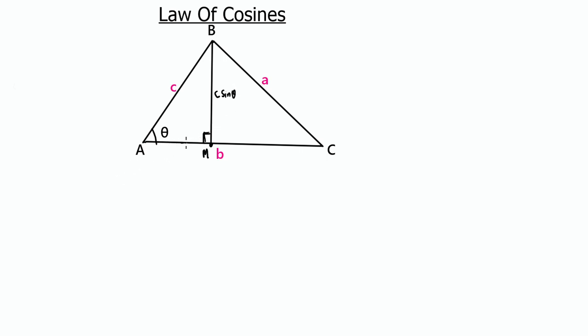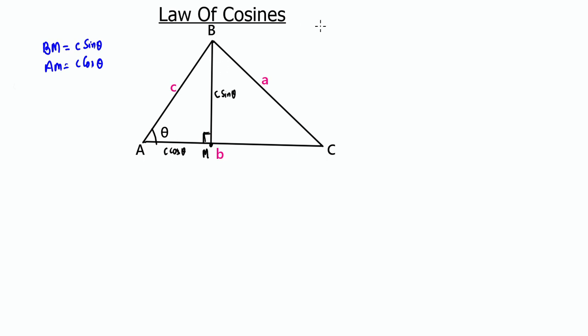Similarly, AM, the base, is going to be c cos theta. So we found the lengths BM and AM: BM, the perpendicular, is c sine theta, and AM is c cos theta.